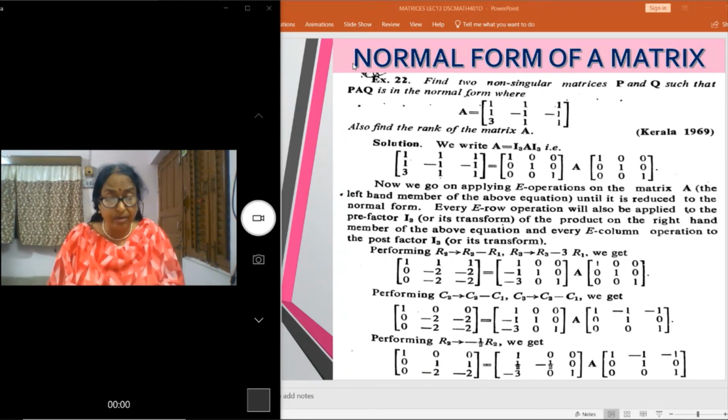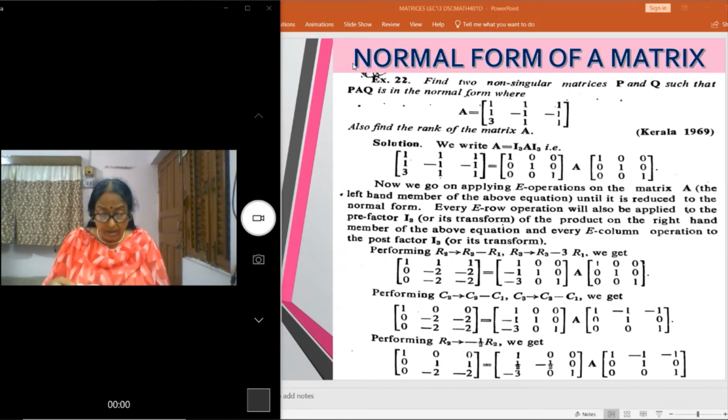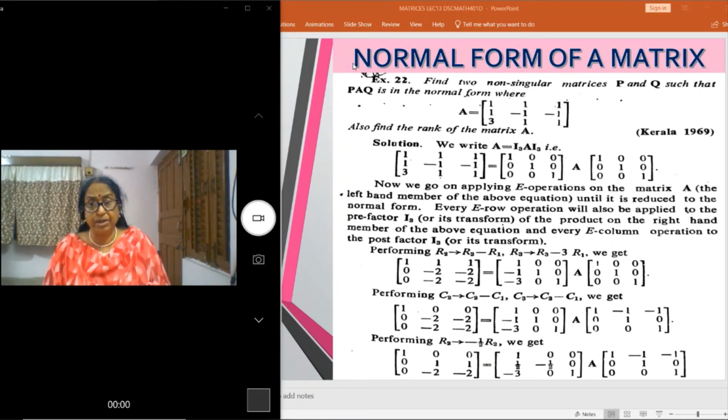Again, A is a 3 cross 3 matrix, so before A, 3 rows, so a 3 cross 3 unit matrix, and after A, there are again 3 columns, so a 3 cross 3 unit matrix. So give a transformation in rows.